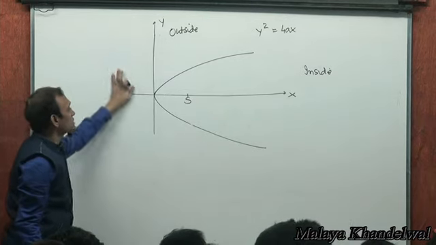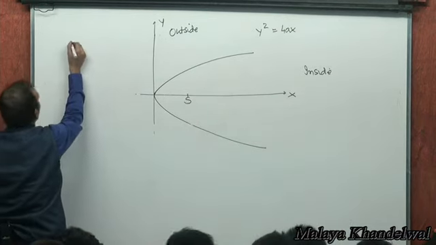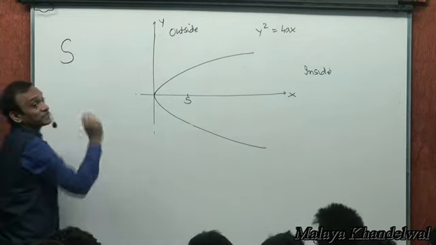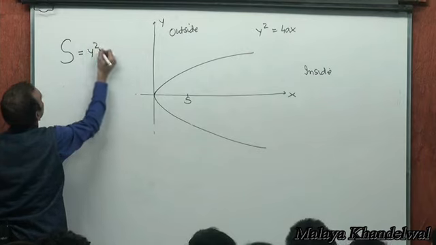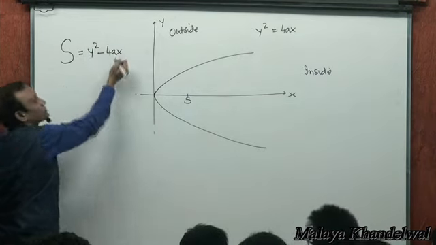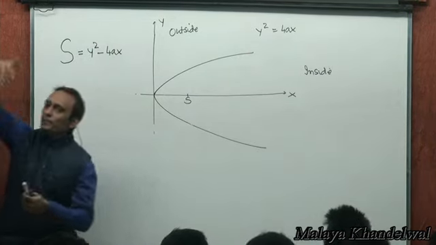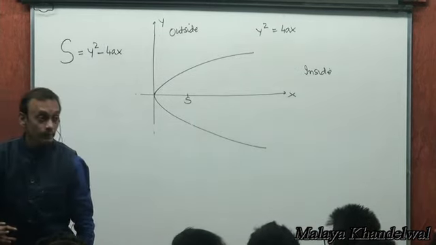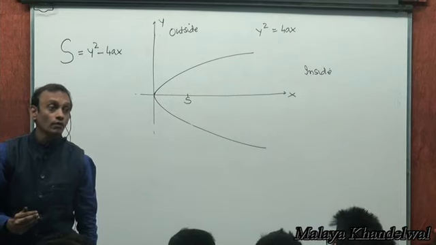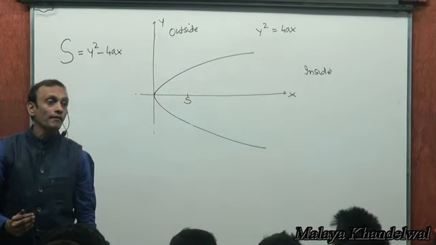Now, like we've always done, we define an expression S. S is only an expression, defined as y squared minus 4ax. For any point (x, y) in the plane, I can find the value of S, right? How do you distinguish between inside and outside, because it will be open?